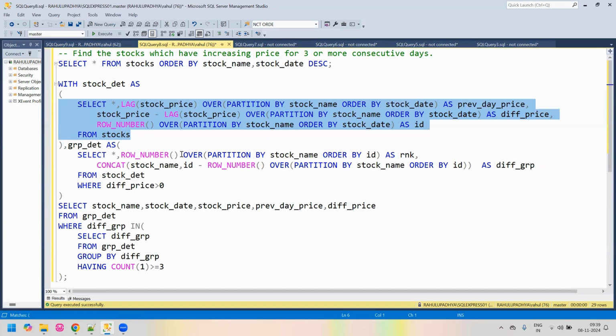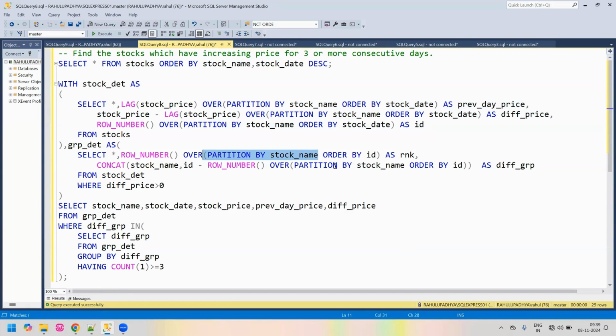After that, what we did is write for each of the stock a new ranking function which will order based on the ID column for only those entries where the price difference is positive. Like if positive, only for those stocks we have added a rank. Then we are computing the difference between these two columns, that is ID and the newly derived rank column. Once we compute the difference between this ID column and this newly derived rank function, we will be able to identify the difference.